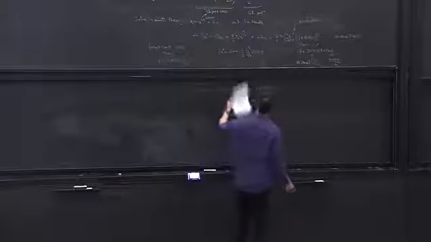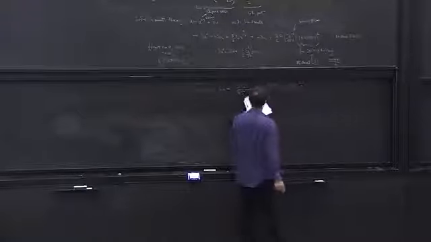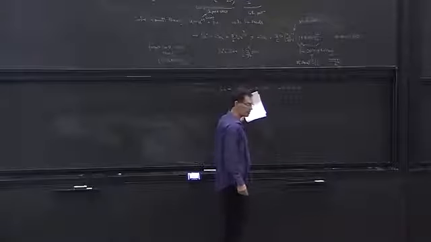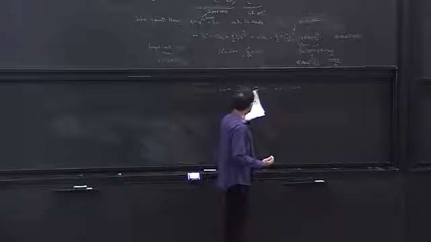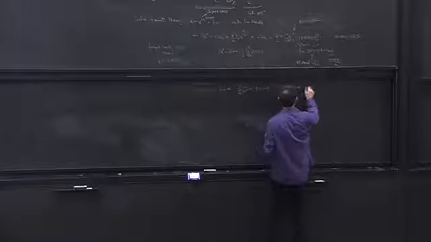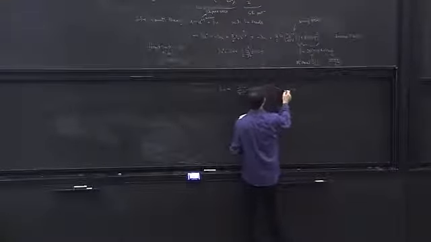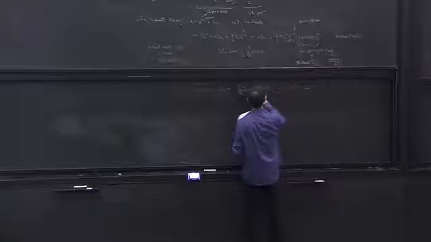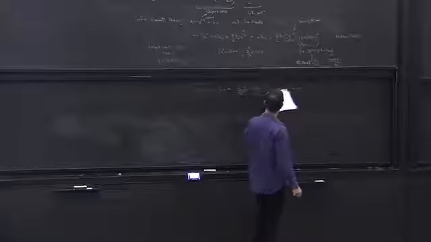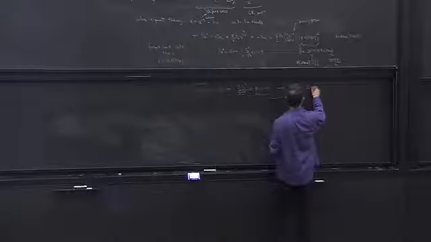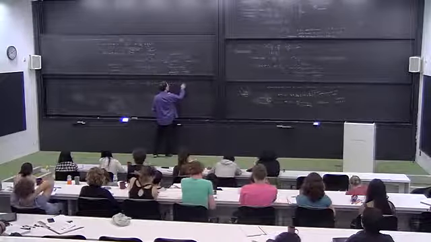Let's check that. If I differentiate this thing twice, delta U double prime, obviously if I differentiate this term twice, I get nothing because it's linear in phi. If I differentiate each term once, I get a factor of 2 times... let's take the phi sine phi. Forget the constant. Differentiate this twice, I get 2 times phi prime, which is 1, times sine phi prime, which is cos phi.